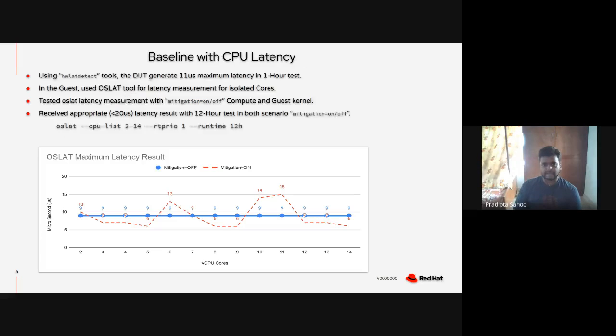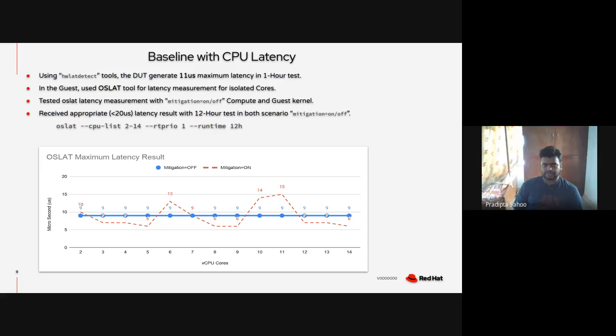without SMT, on the physical core. As the baseline test, after the deployment, we have done the hardware detection tool. We use the hardware detection tool for latency measurement in the real-time compute node. So in a 1 hour test, we achieved 11 microseconds, which gives us the confidence for further testing in the real-time guest.